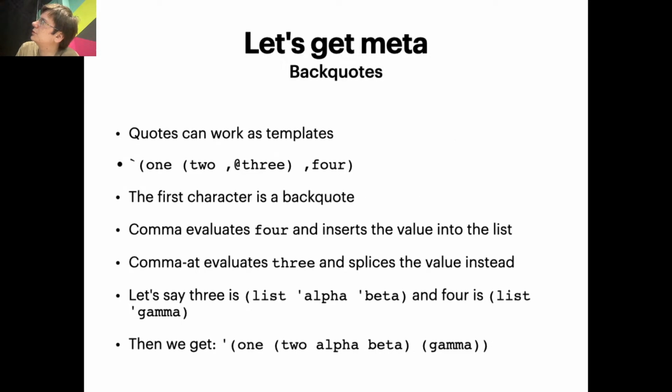The macro functions are enabled by a thing called quotes and backquotes that I talked about in the first part. I talked only about quotes, but quotes can work as templates. If you look at this example here, we have a list and a list within that, and it consists of 4 symbols, but you can see that things are prefixed here with a tick and backtick.